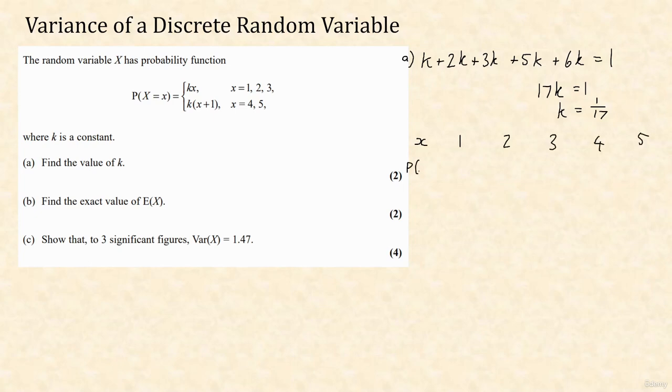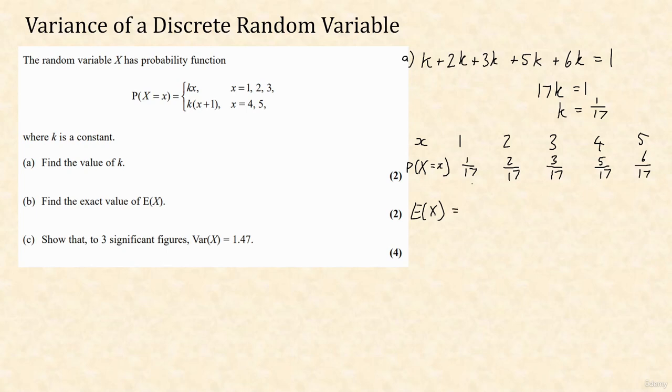And the probabilities are 1 over 17, that's k times 1, and then k times 2, k times 3, k times 5, that was the probability here, so 5 over 17, and 6 over 17. So when I come to work out E of x, it's the sum of the outcomes multiplied by their probabilities.